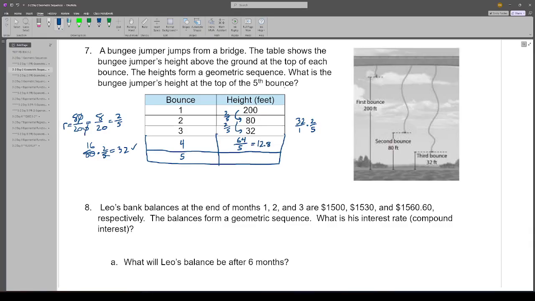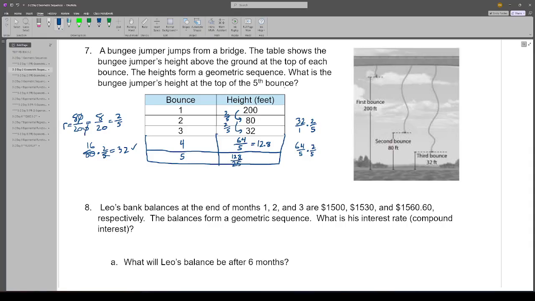And the fraction is easier because when we want to go to the next step, 64 over 5, if we multiply by 2/5 again, that just makes the numerator 128, which is 2 times 64, and my denominator would be 25.